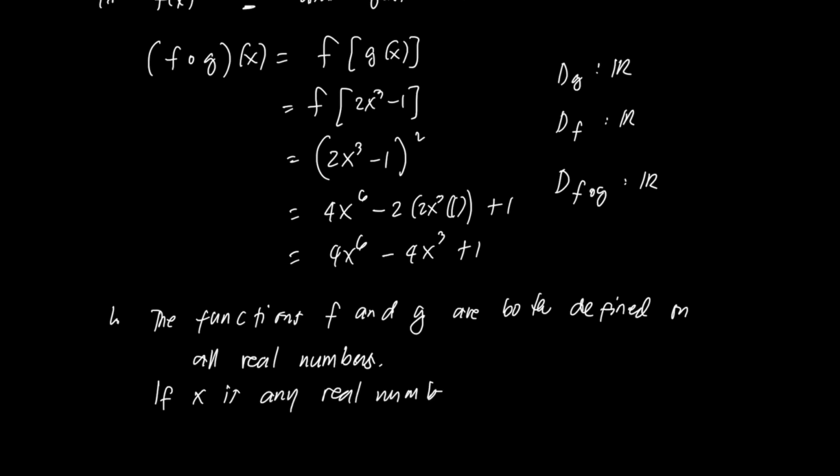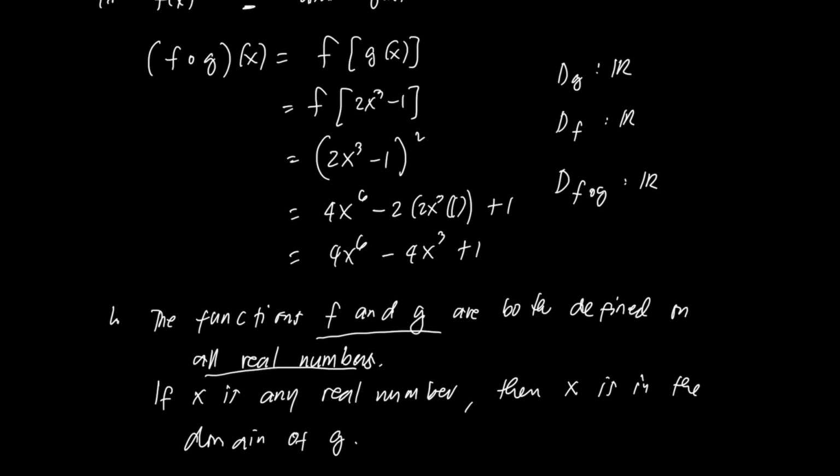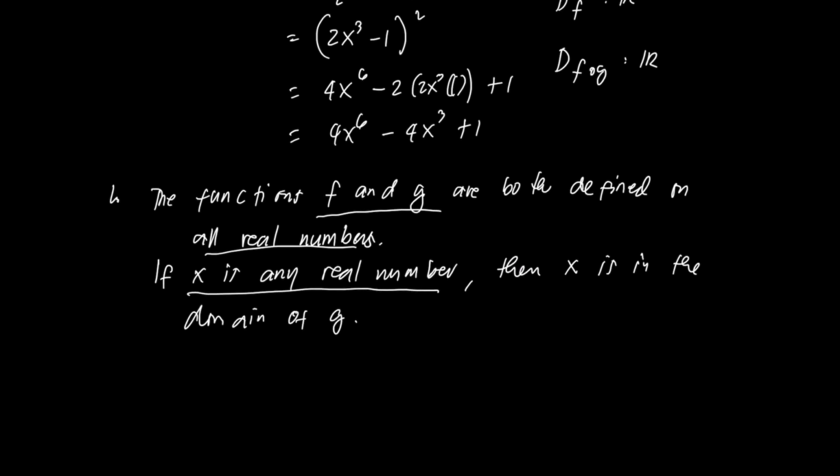If x is any real number, then x is in the domain of g. Okay, so it is said that both f and g are defined on real numbers, meaning their domains are all real numbers. Now if x is any real number, then it is in the domain of g.